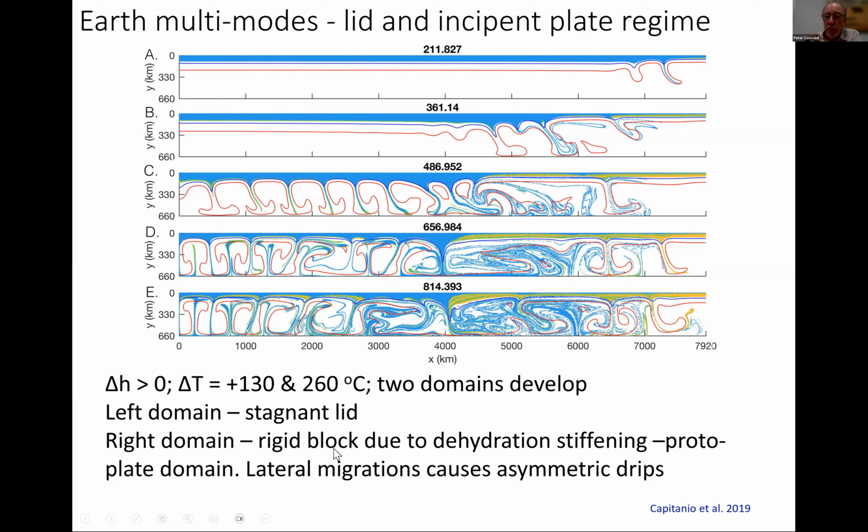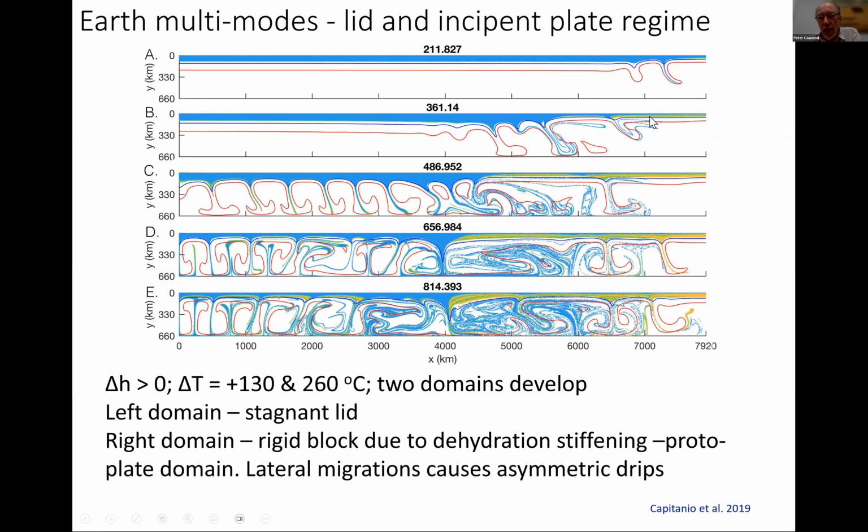melting in the mantle because of adiabatic decompression, and that induced dehydration stiffening. So you started to produce, shown in yellow or yellowy green here, a stiffer bit of lithosphere, and that grew as the melting continued.